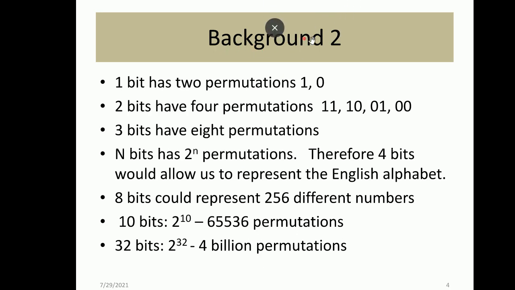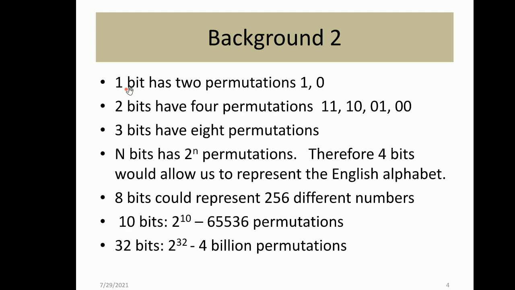The obvious background that you need to be aware of is that a bit has 2 permutations, 1 or a 0. So a single bit can be in exactly one of 2 states. Therefore, 2 bits have 4 permutations: 1, 1, 1, 0, 0, 1 and 0, 0. 3 bits have 8 and so on.